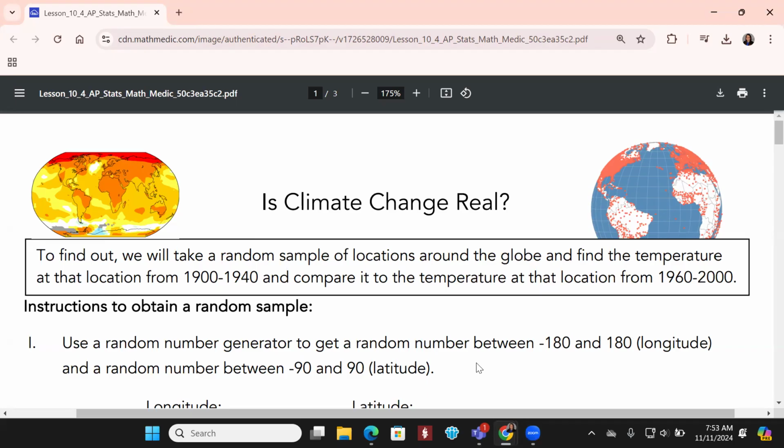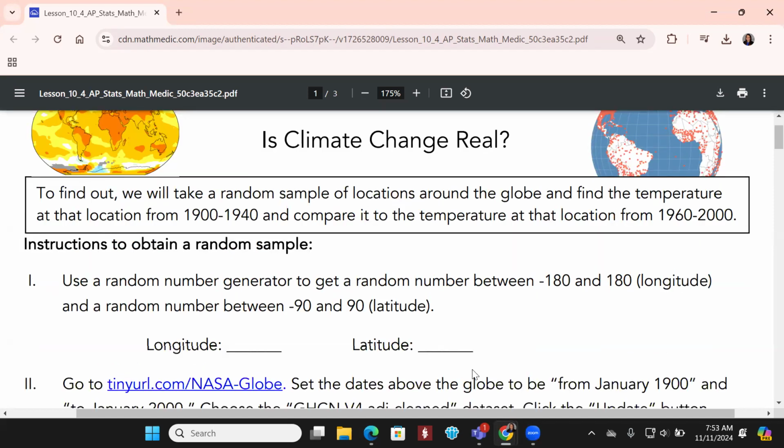That's your longitude. Do you remember what longitude and latitude are? And a random number between negative 90 and 90. Good? Okay, negative 156 and 20 for your latitude.